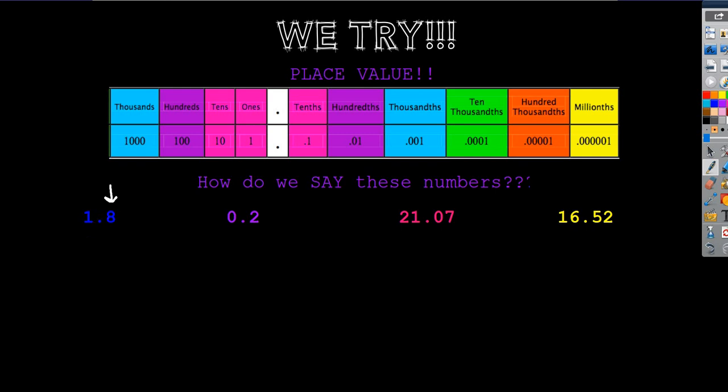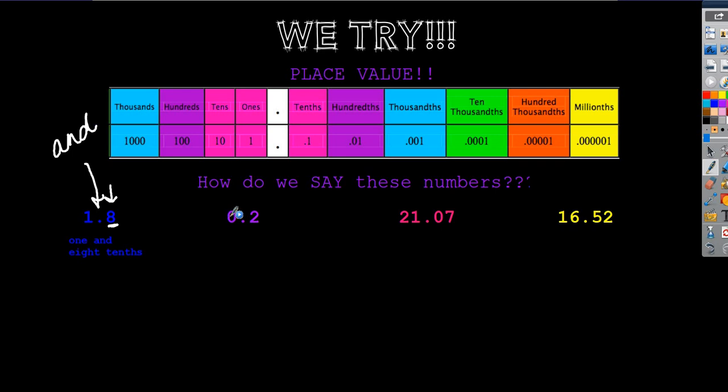So for example, this problem would be 1 and 8 tenths, because 8 is in the tenths place. The decimal is always read as the word and. It's not point. A point is a geometry term, a place on a plane. And means we're talking about a decimal.